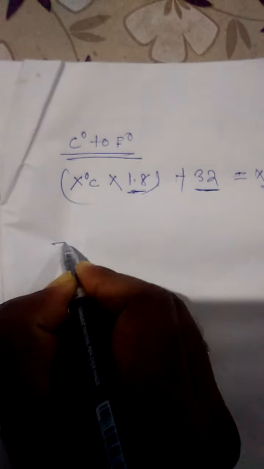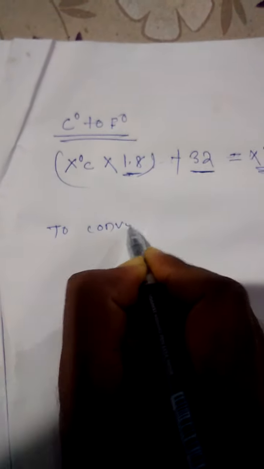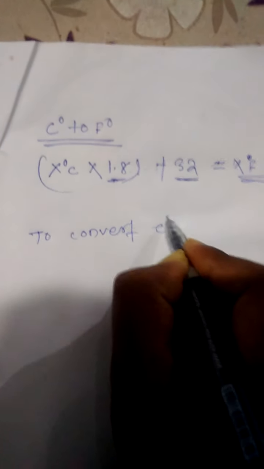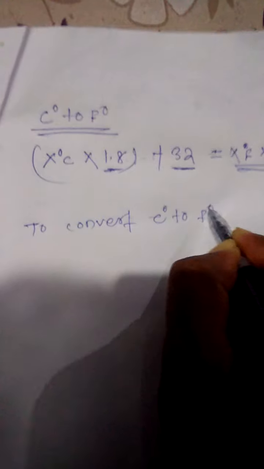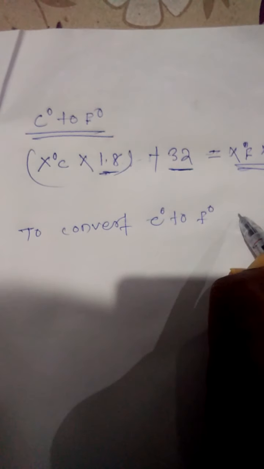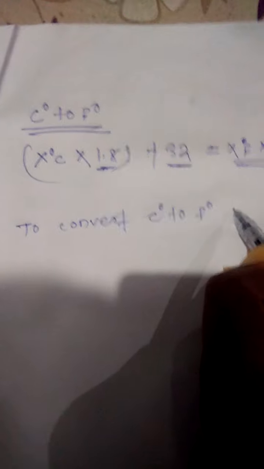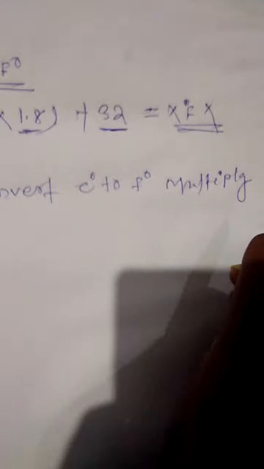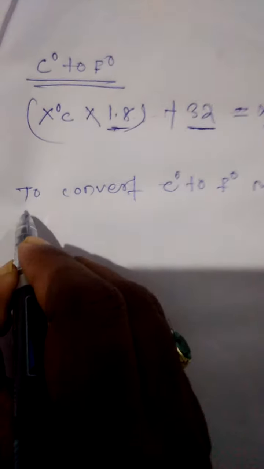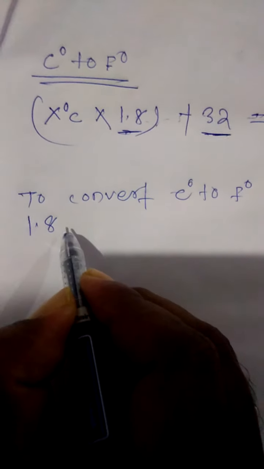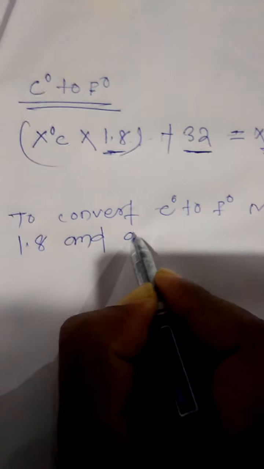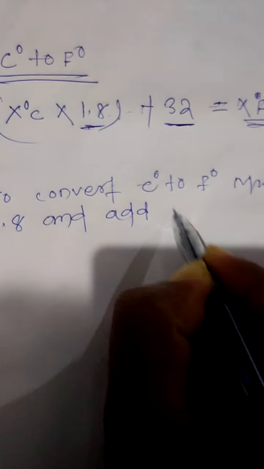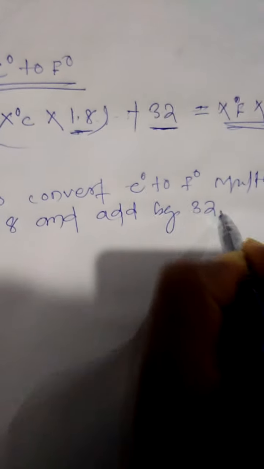To convert degree Celsius to degree Fahrenheit, multiply by 1.8 and add 32, then we can get the conversion accurately.